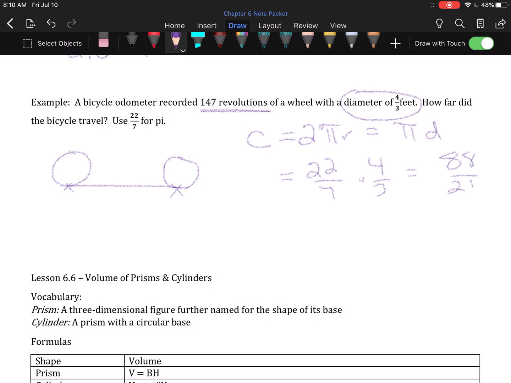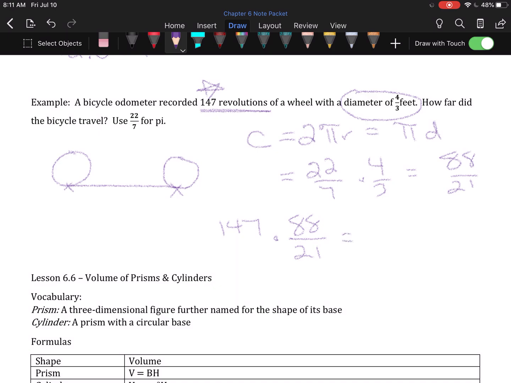We're going to leave that for a second, because now we've got to use the 147. That's one circumference. To figure out how far it traveled, we need 147 of those. So we have to take 147 and multiply that with 88 21sts.